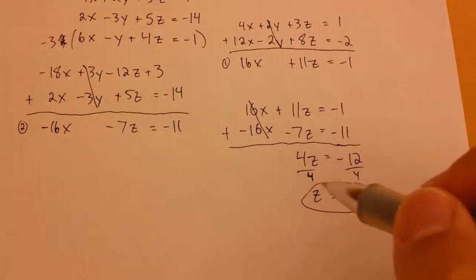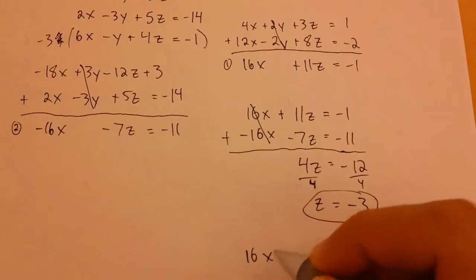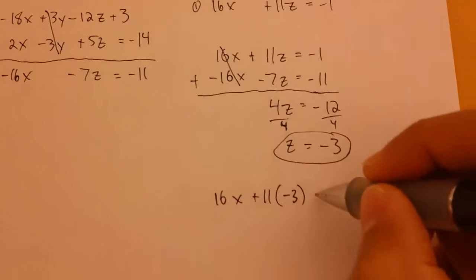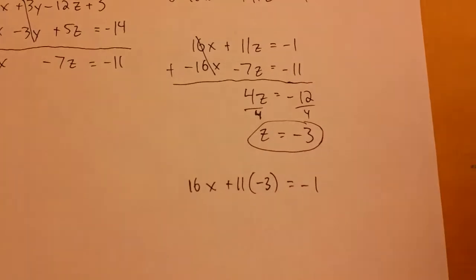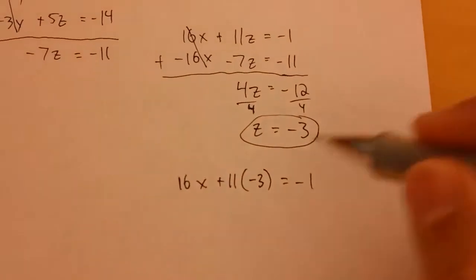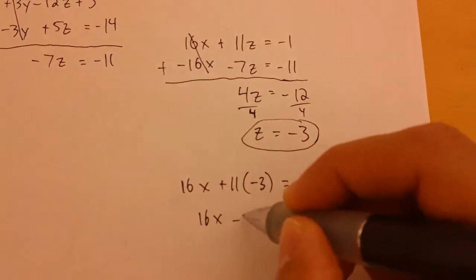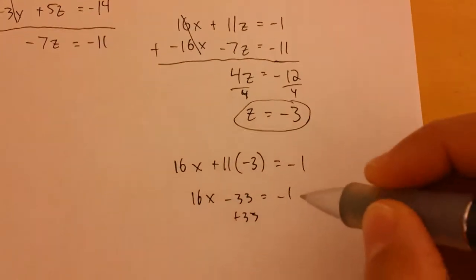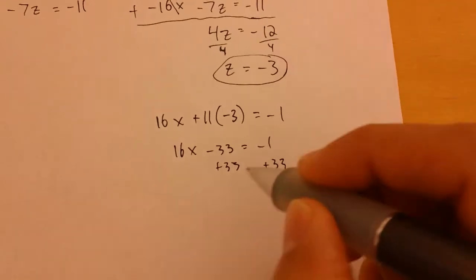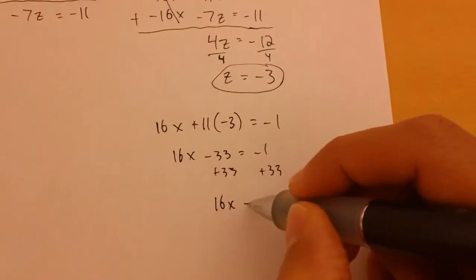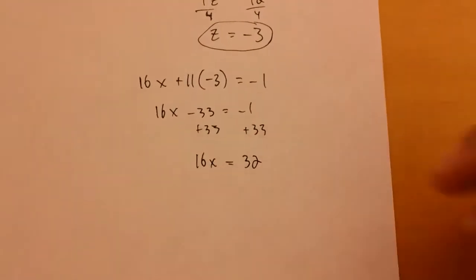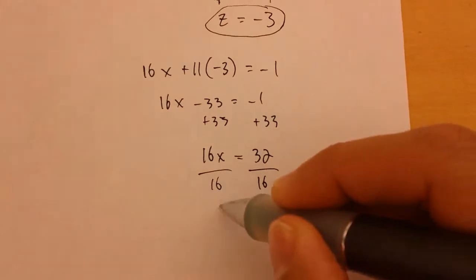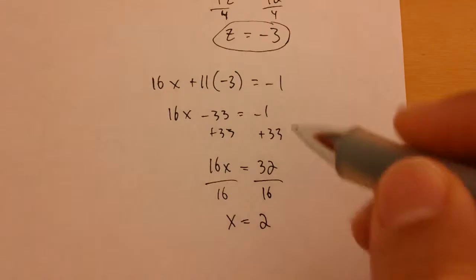So I have 16x plus 11 times negative 3 equal to negative 1. So that's 16x minus 33 equals negative 1. I'm going to add 33 to both sides. I get 16x equals 32. Divide both sides by 16, and you get x equals 2.